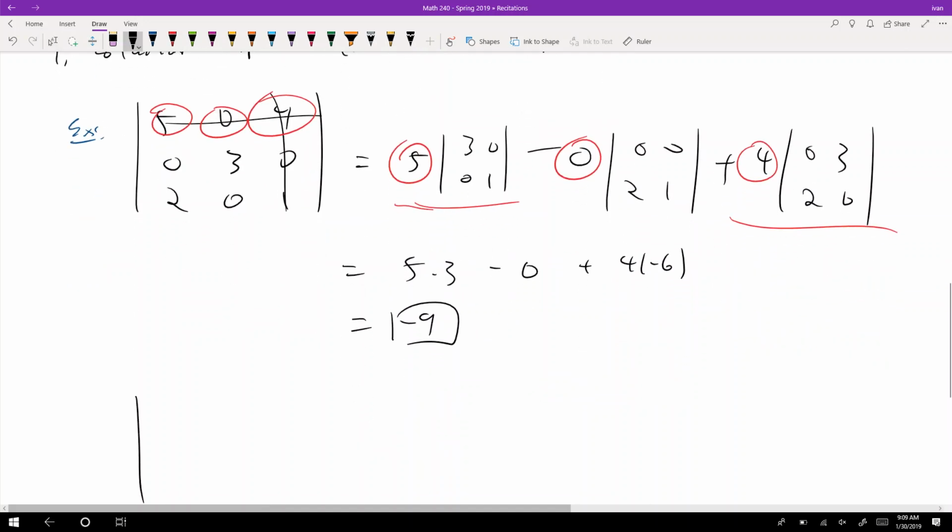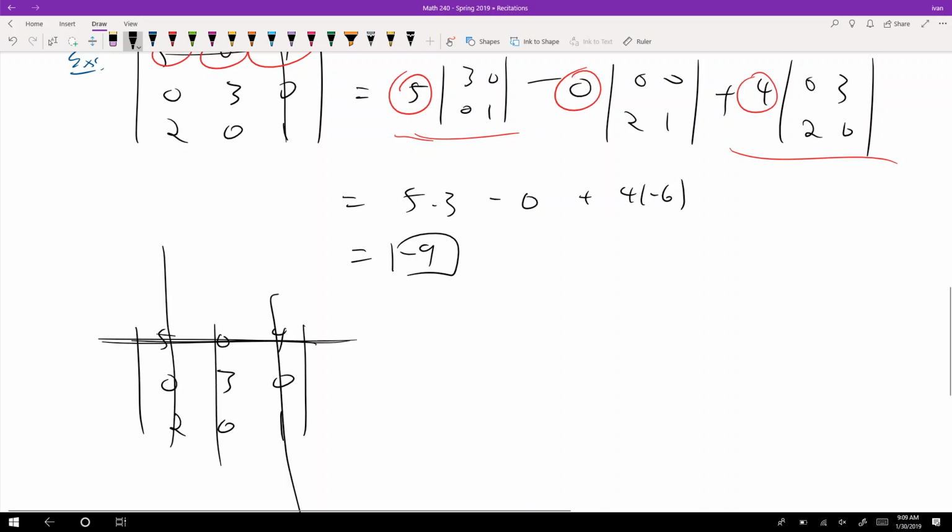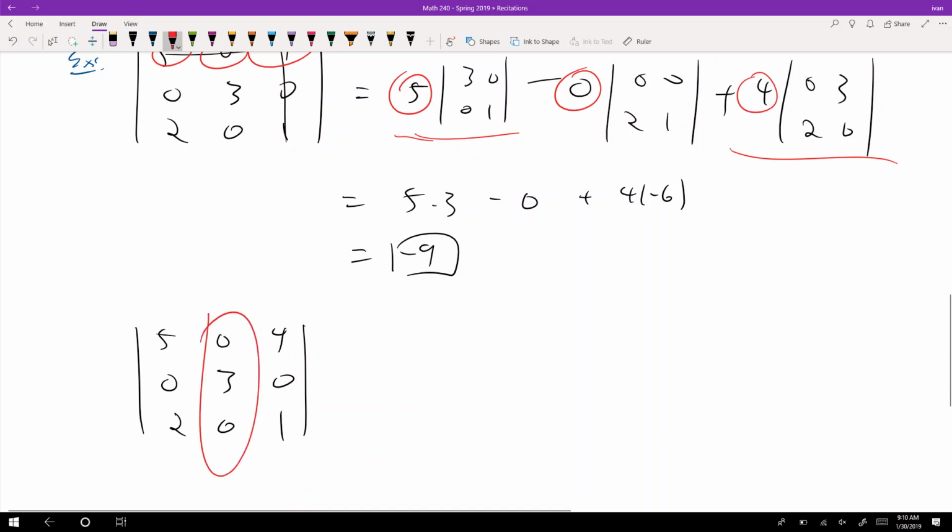So we'll take the same matrix again. 5, 0, 4, 0, 3, 0, 2, 0, 1. And instead of expanding along the top, I'm going to go along a column. So I'm going to take this column, and that's where I expand. My first calculation is going to be along that 0. It's going to be 0 times, and now you have to be careful.